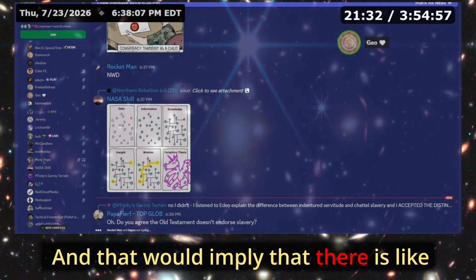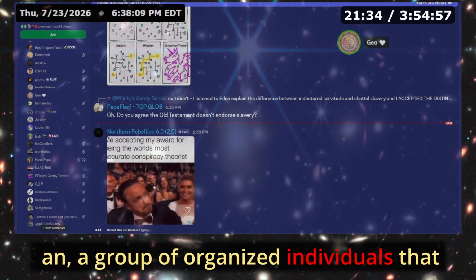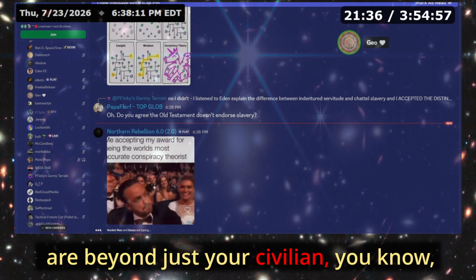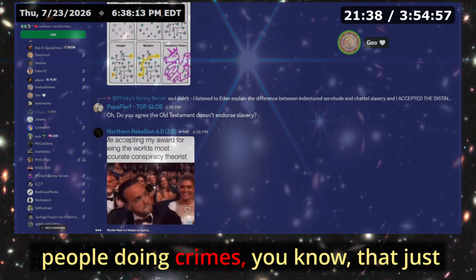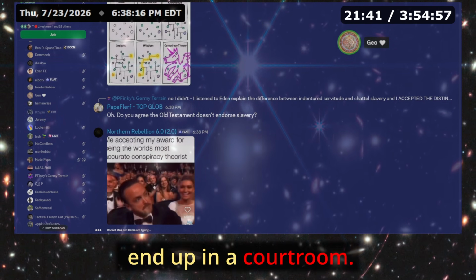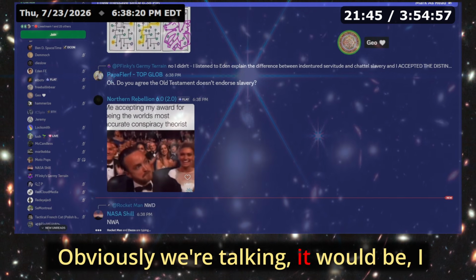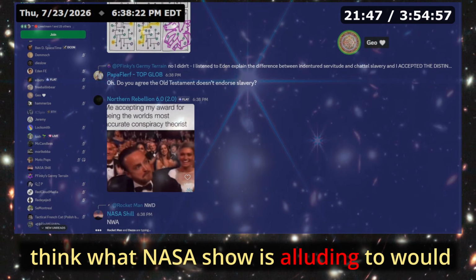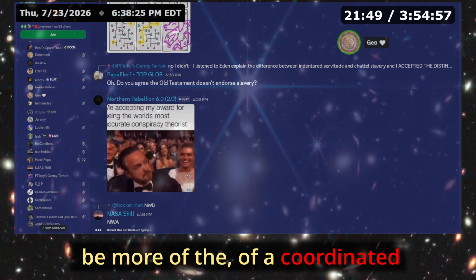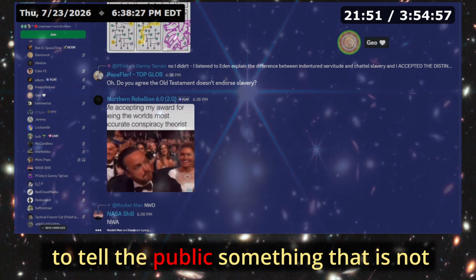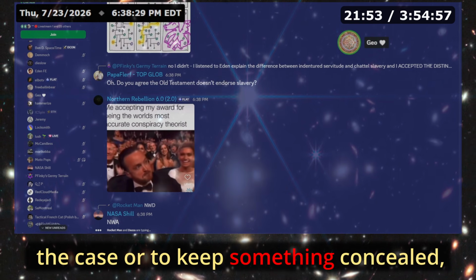That would imply a group of organized individuals that are beyond just your civilian people doing crimes that end up in a courtroom. Oh, okay, we busted you for conspiracy. We're not really talking about that. I think what NASA Shill is alluding to would be more of a coordinated effort to tell the public something that is not the case, or to keep something concealed.